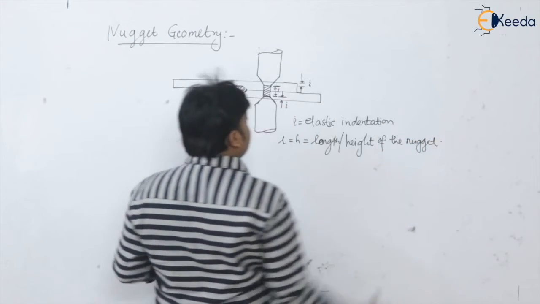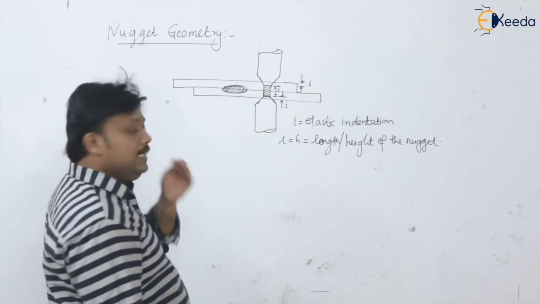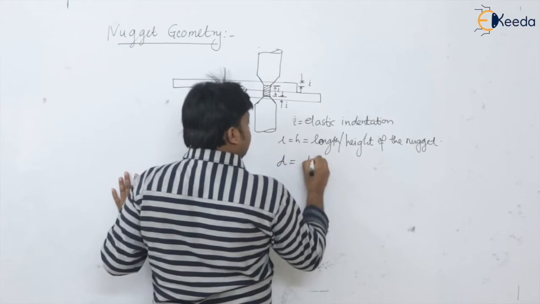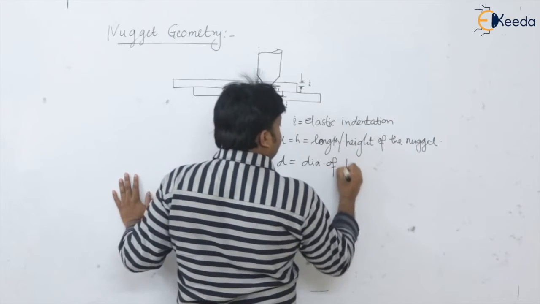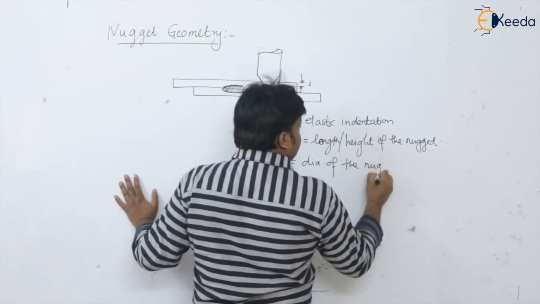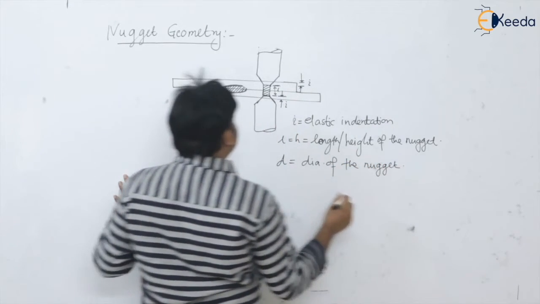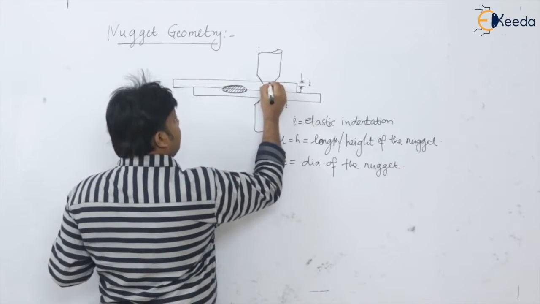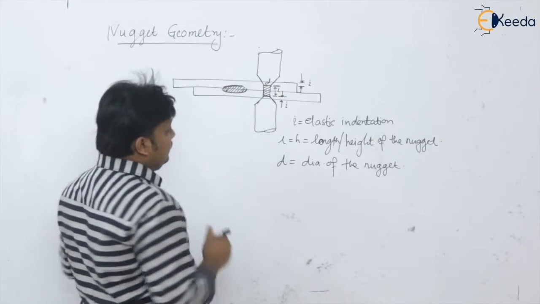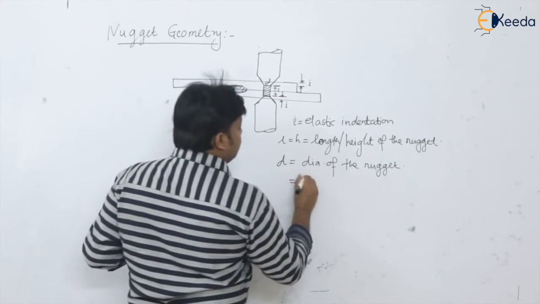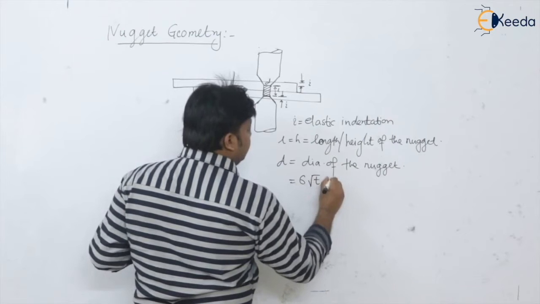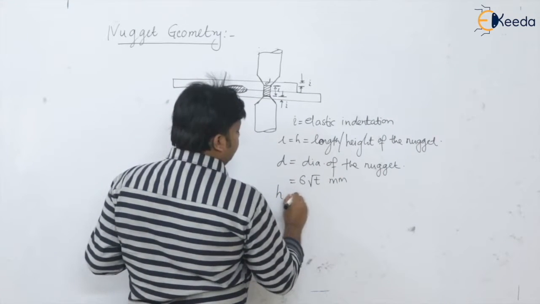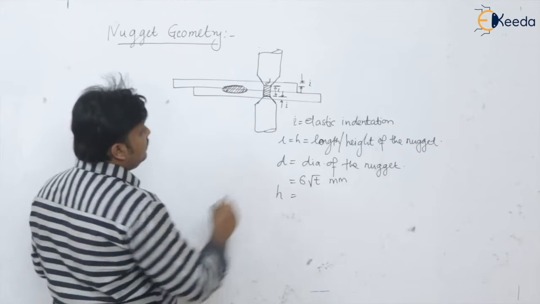Now there are empirical relationships for the diameter. D is the diameter of the nugget, which is the diameter at the tip of the electrode. This diameter D is given as 6 times root T millimeter, and we can calculate the height of the nugget as follows.